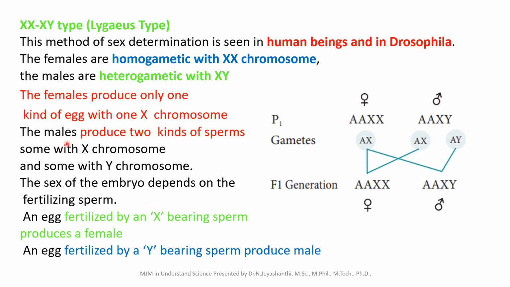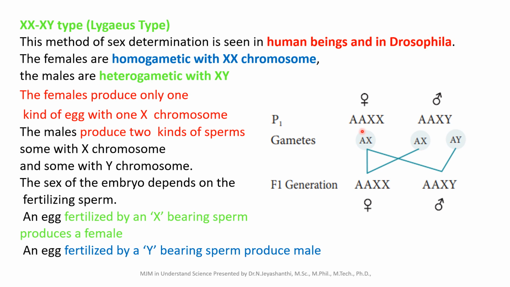But the male produces two kinds of sperm, one with X chromosome, another with Y chromosome. The sex of the embryo depends upon the fertilizing sperm. If the egg is fertilized by X-bearing sperm, it produces female. If the egg is fertilized by Y-containing sperm, it produces male.